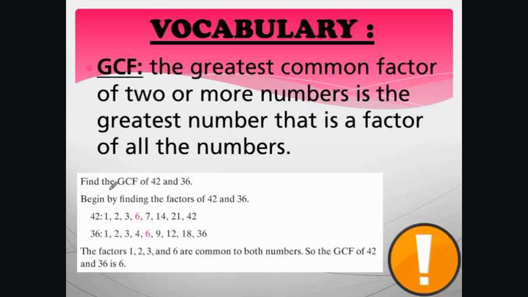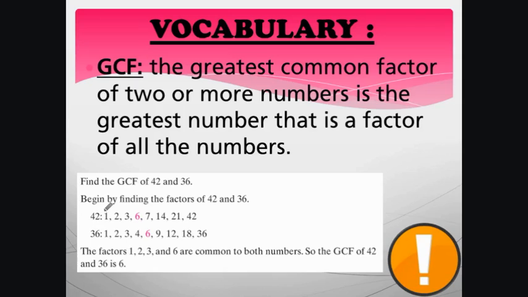So here we're asked to find the greatest common factor of 2 values, 42 and 36. The first thing that needs to happen is that we need to list out all the factors of those numbers. So from 1 until that number, we need to figure out what numbers are divisible that go into each value.